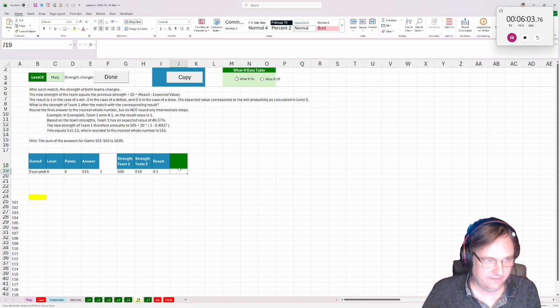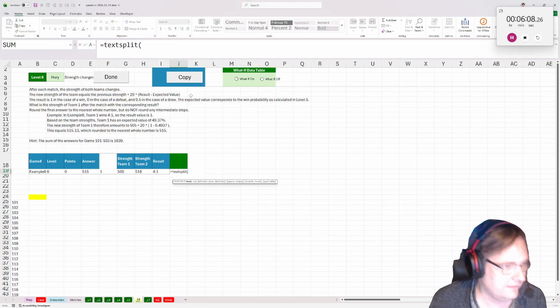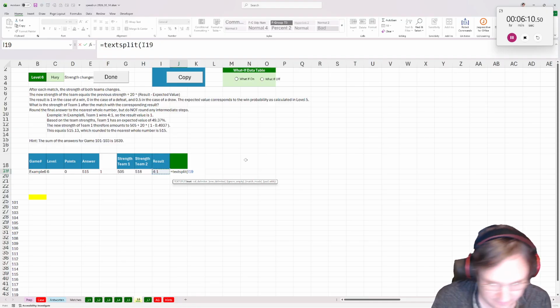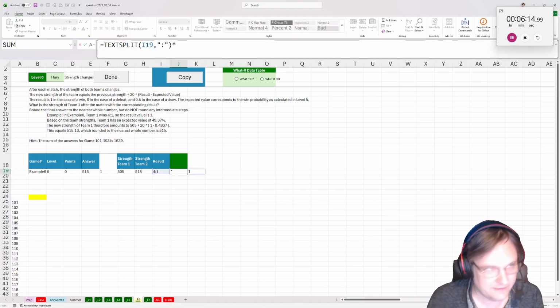All right, and then this is similar, except I've got to text split. I can't look up the goals because this is a new match here. Text split that, make them numbers.